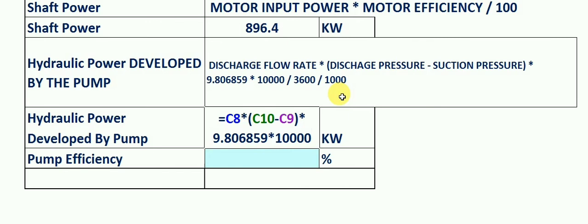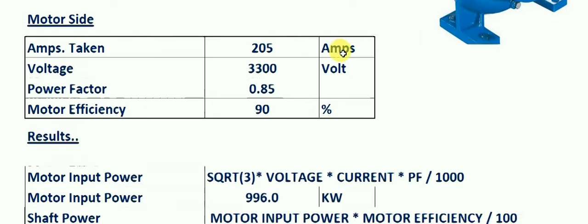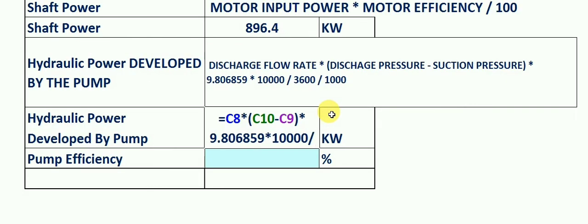Okay. So now Newton came, meter came. Remember meter square it came. Flow is in meter cube per hour. So for second, Newton meter per second is joules per second is watt, right? 1 hour is equal to 3600 seconds, so divided by 3600 to convert this hour into second.